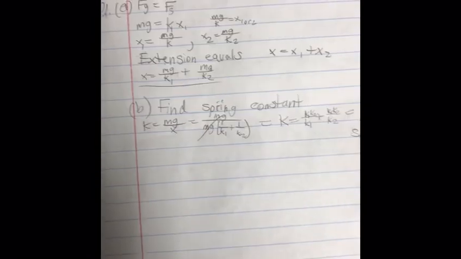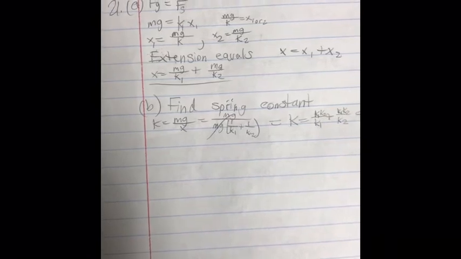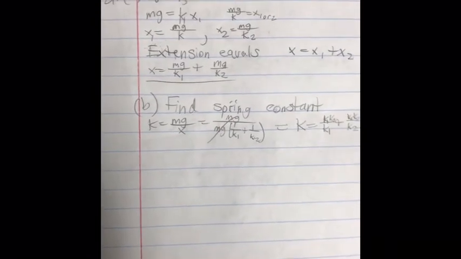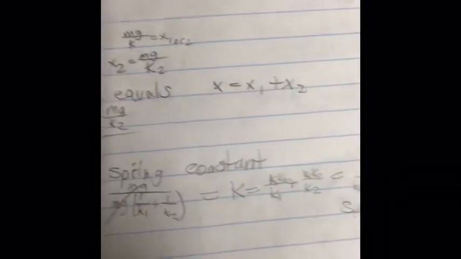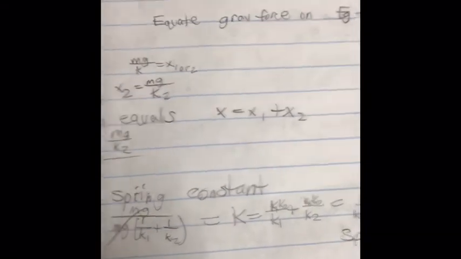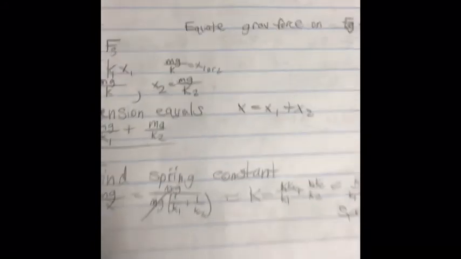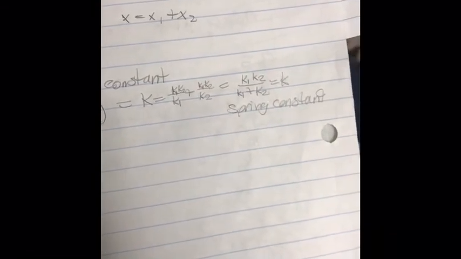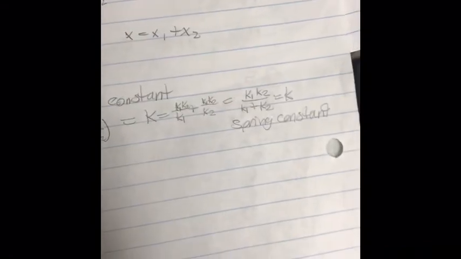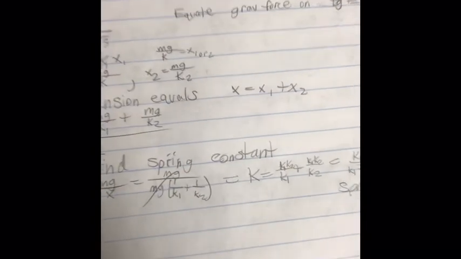So I equated the force of gravity to the spring force for both spring constants, and then I got each of the distances, and that gave me the total extension. And then to find the spring constant for B, I moved the pieces around and got k equals k1 k2 all over k1 plus k2, and that was the effective spring constant of the two.